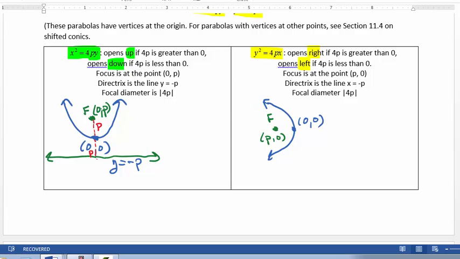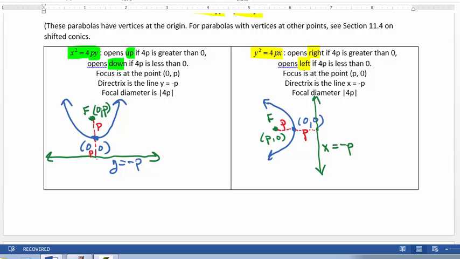And then again, since this distance here was P units, I go another P units to the right, and I would arrive here at this line, and now it's a vertical line. That's going to be the directrix, and in this case, the directrix would be the line x equals negative p, right?